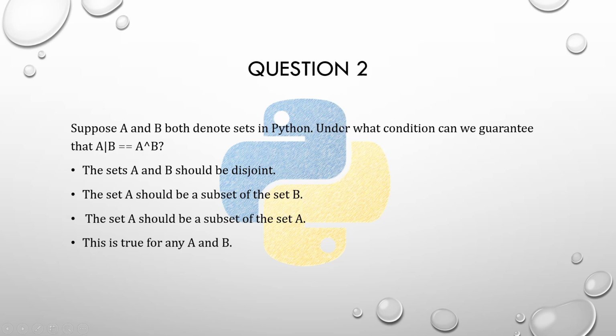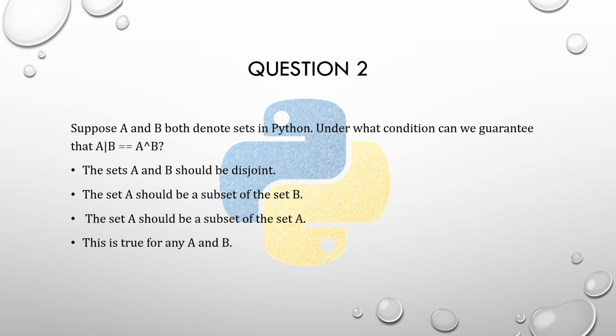Suppose A and B both are sets in Python. Under what condition can we guarantee that A or B, which is basically the union, is equivalent to A XOR B? So A XOR B gives us all the unique numbers.